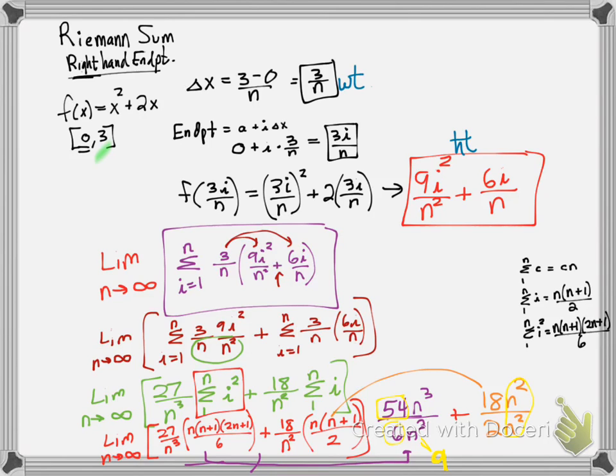If I plugged in infinitely large numbers, those are going to cancel. And I'm also going to get 18 over 2, which is also 9. And if you just add those together, you get your area. And it's an exact value. And that's the Riemann sum for that specific situation.